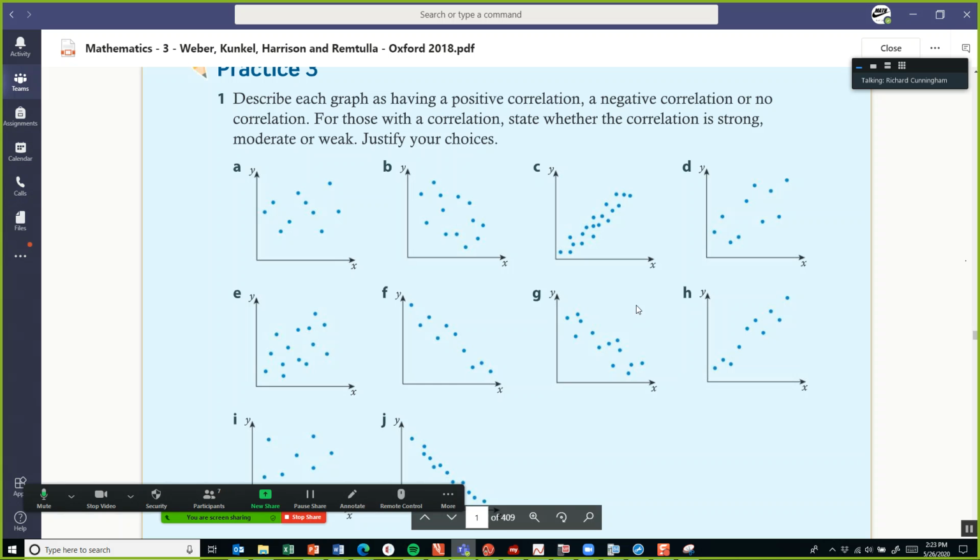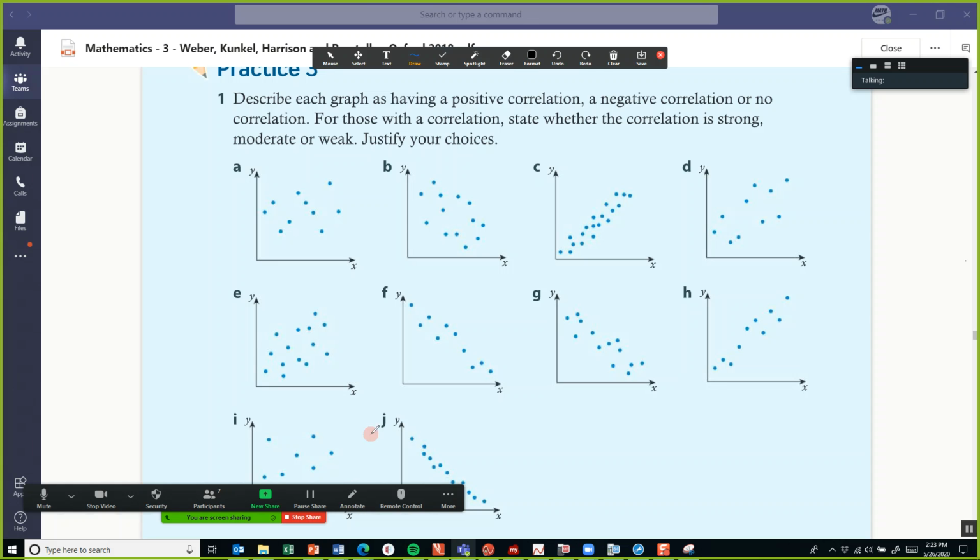So looking at these, what do we think for the first one? Let's annotate. Do we think there is a correlation here? If it is, is it strong, positive, or is there no correlation? What do you think, Ryan? Does it look like it's going up or down?